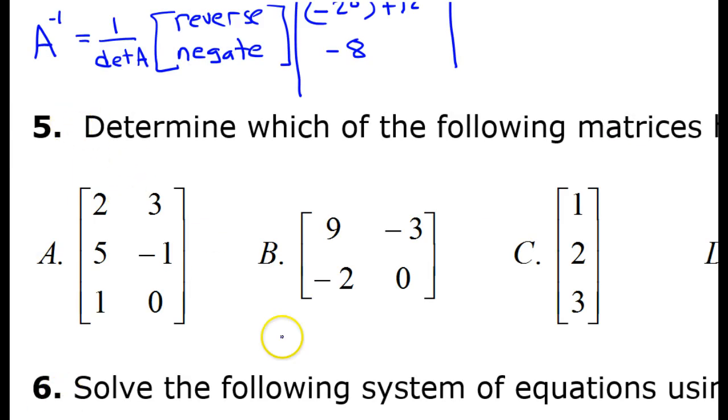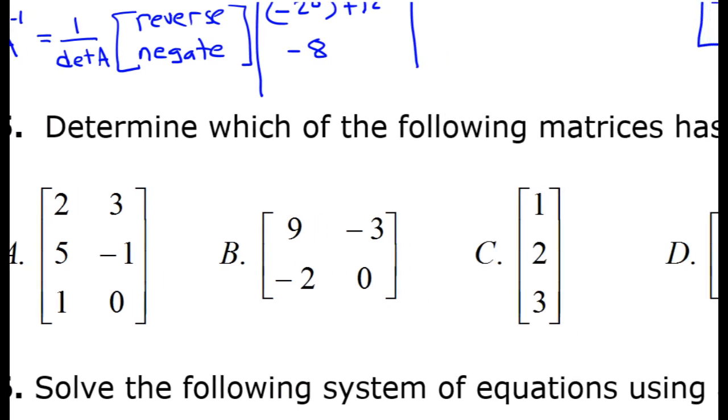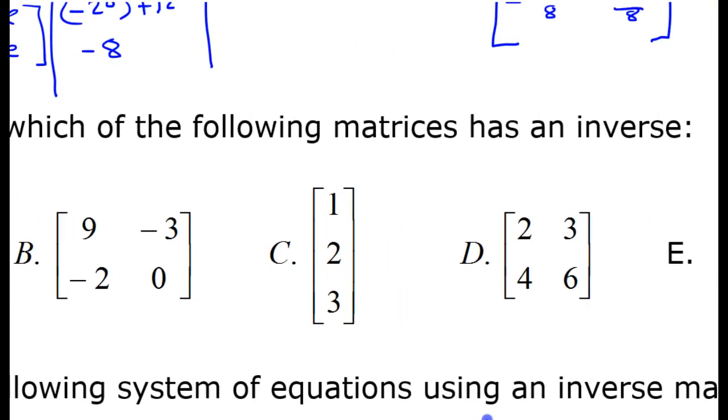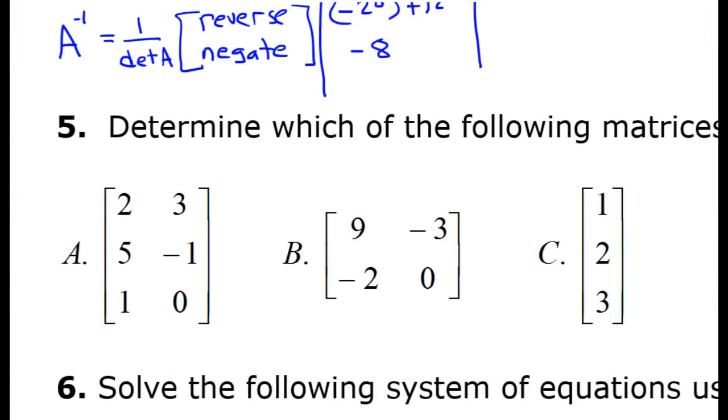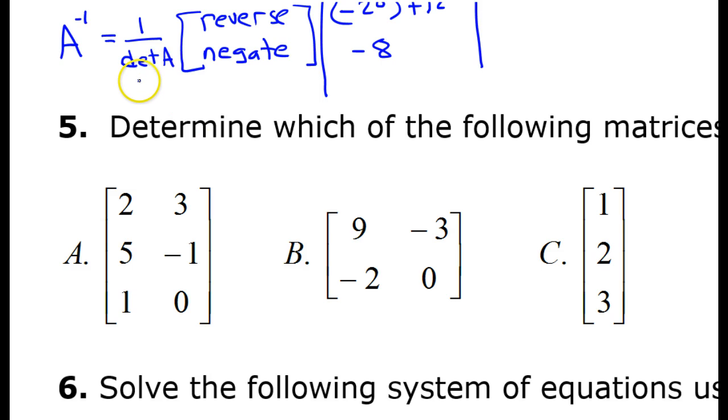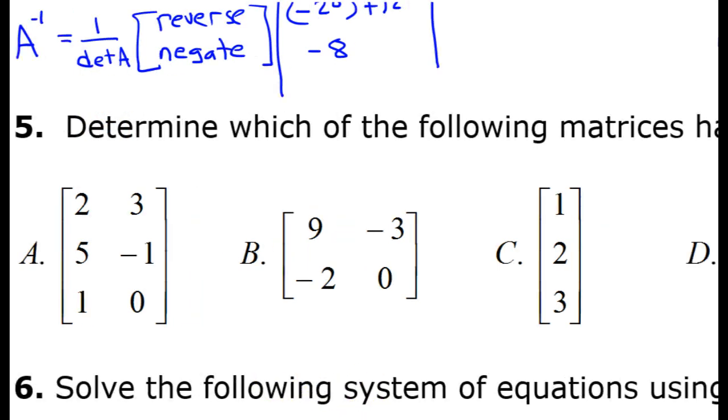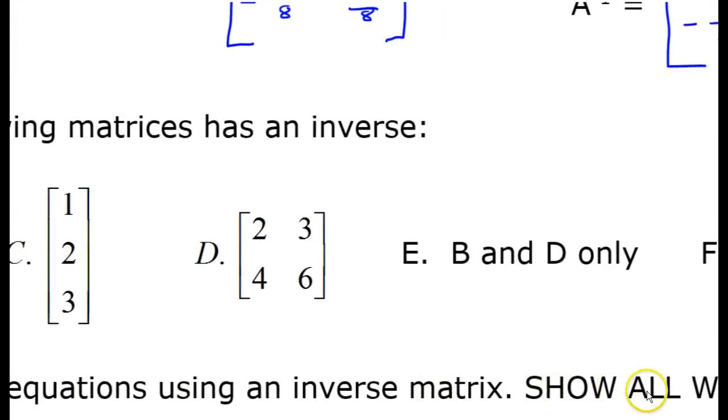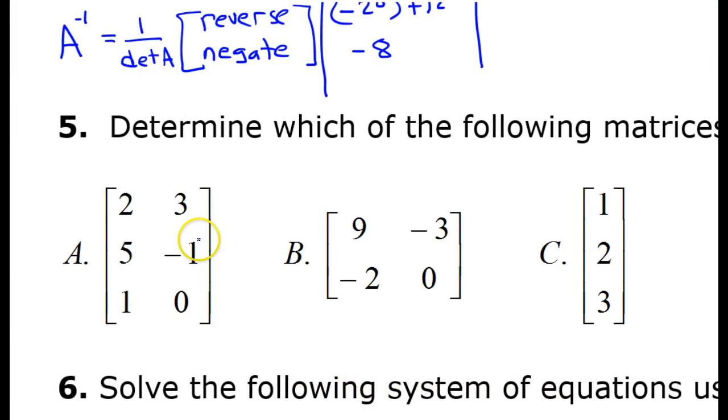For number 5, we need to determine which of these matrices has an inverse in the first place. The key to determining if a matrix has an inverse is the determinant. First of all, it has to be a square matrix. None of this is going to work if it's not a square matrix.